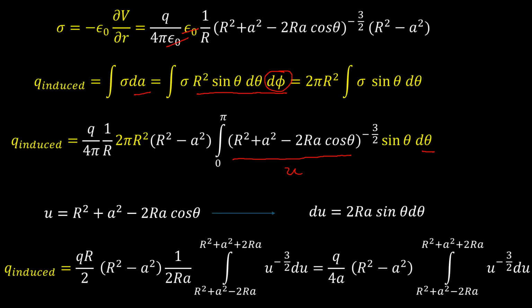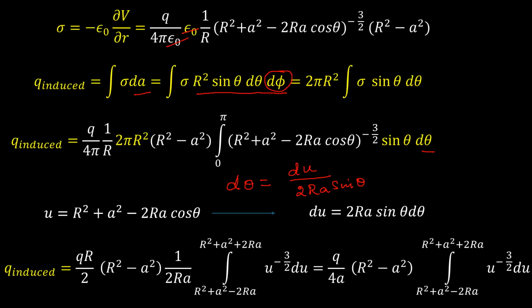So this d theta can be written as, you bring 2Ra to the other side, du over 2Ra sin theta.